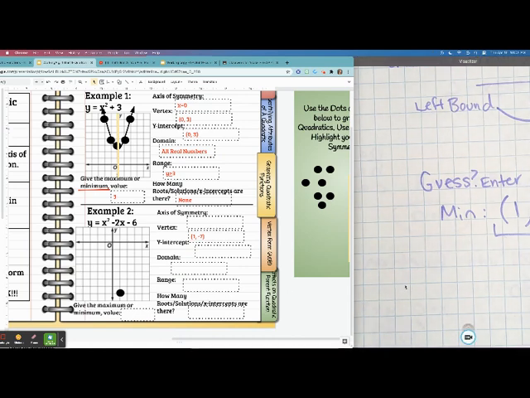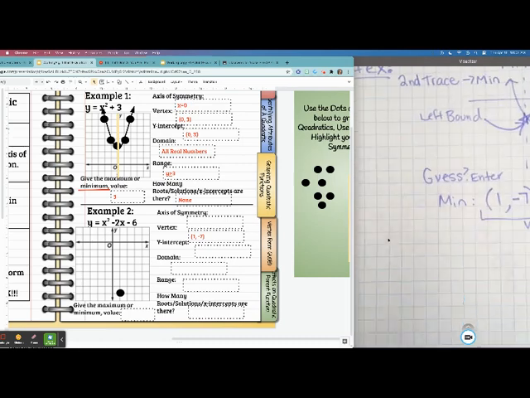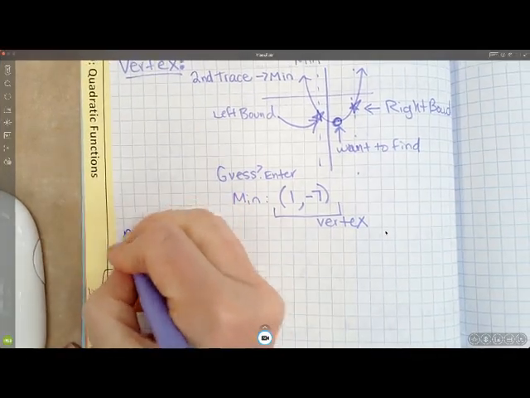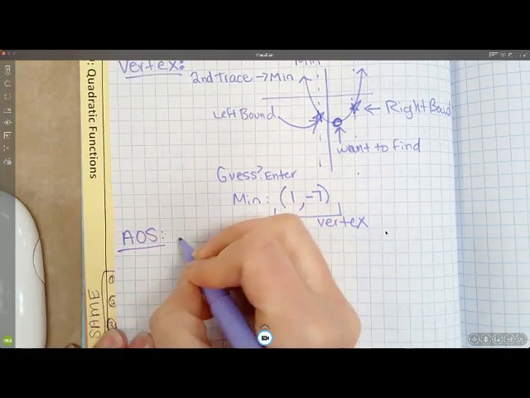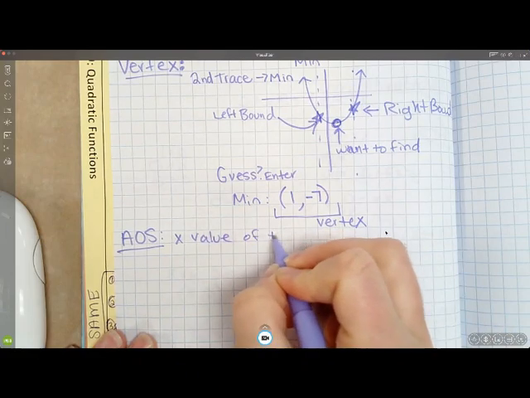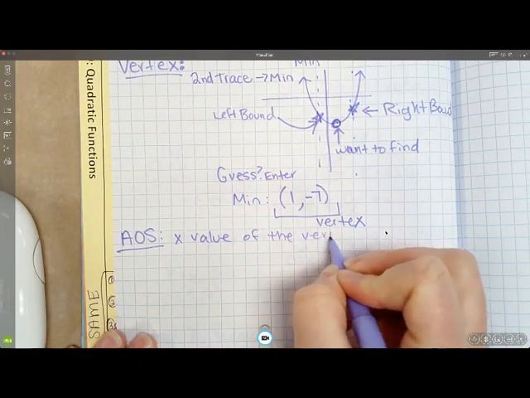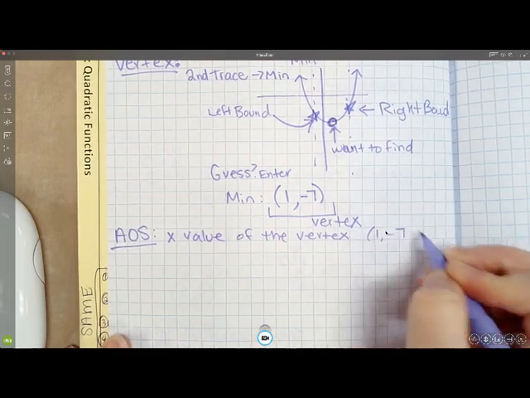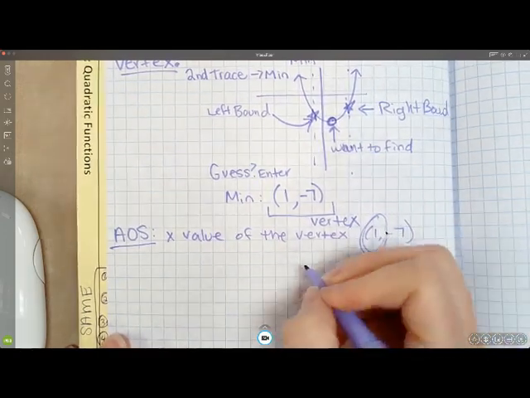The axis of symmetry is where the line goes through the vertex. So we don't have to use that formula. If we know our vertex, then our axis of symmetry is the x value of the vertex. So our vertex is 1, -7. So our x value is 1.